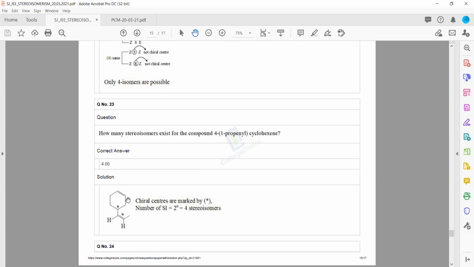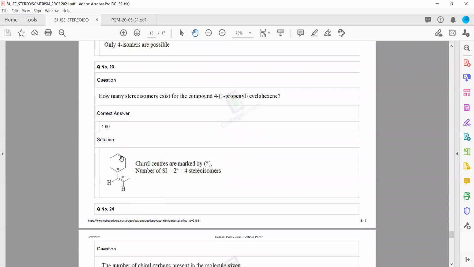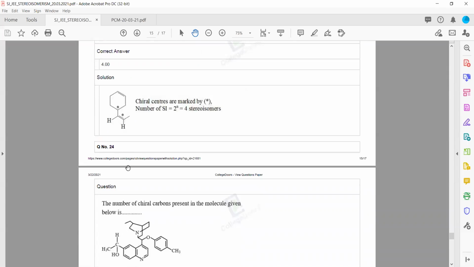This double bond does not have any isomerism possible. What is the reason? At least 8 carbons should be there in the ring. Very good. In cycloalkenes, for cis and trans to be possible, there is a minimum 8 carbon requirement, because the trans form in the lower cycloalkenes is not that stable. Even in the higher ones, cis is more stable than trans. There were 2 points which I had made you remember: cycloalkene with 8 carbons, and in that also cis is always more stable than trans.